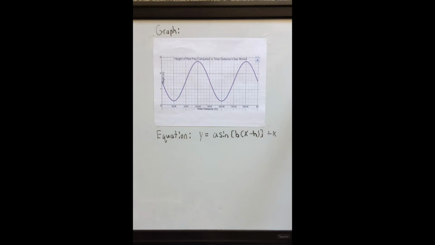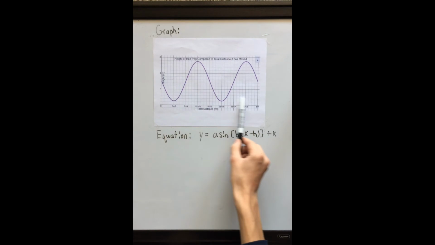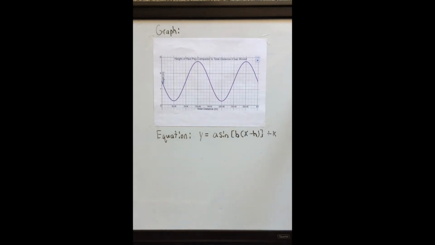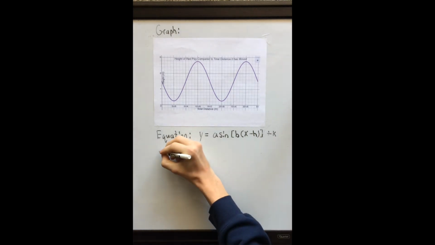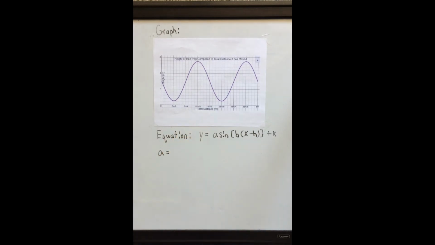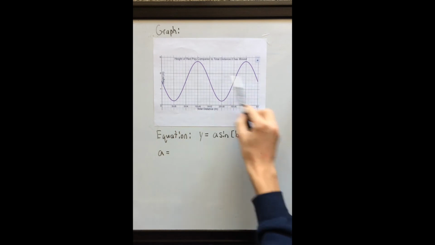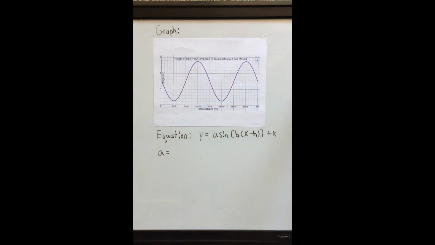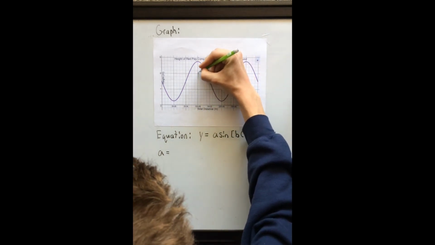We also must recall that the question asks for a sine equation that represents the graph. To begin this, we can take the information from the graph and insert it into the components of a sine equation. To start, we know that the a value, or the amplitude, is the distance from the middle to the max height, as shown here.